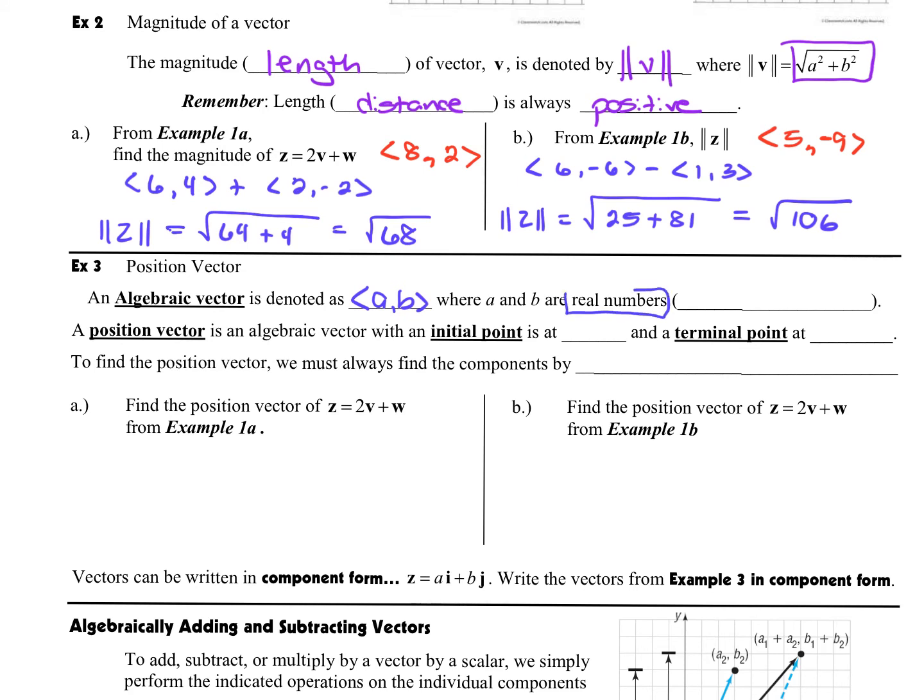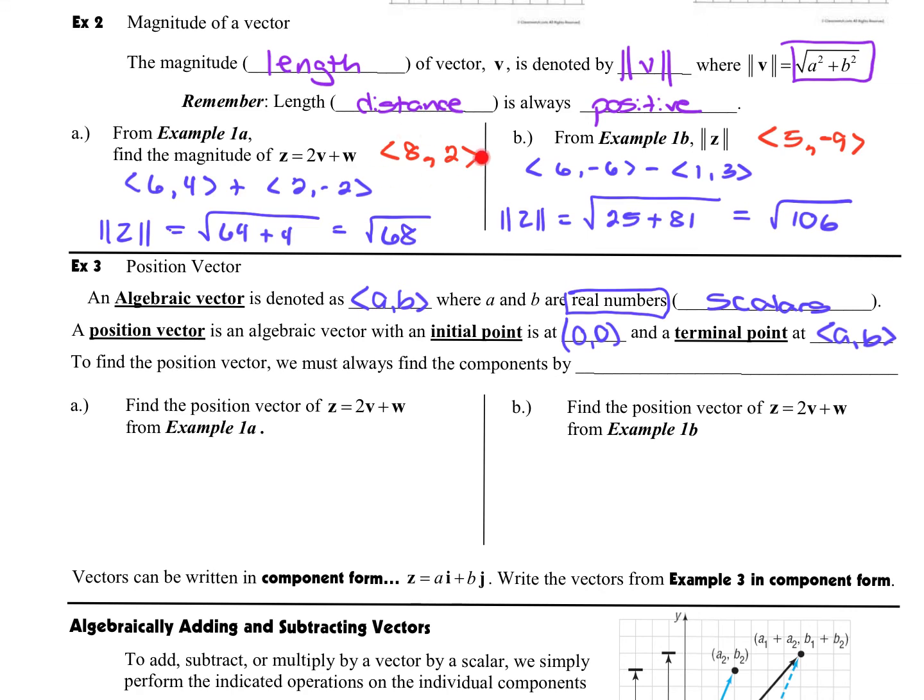These real numbers in the world of vectors are called scalars, just a fancy word for a real number. Now, the position vector assumes that the initial point is at 0, 0, and the terminal point is wherever AB is. So what I did up here was essentially creating a new position vector.